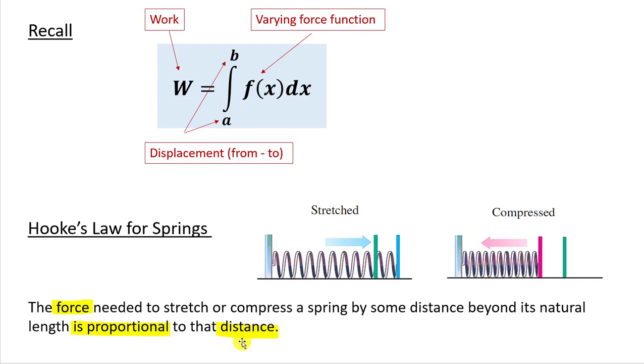Well, that means that the work required to stretch or compress a spring will be calculated by this definite integral, right? Since force is varying. So now let's talk about the force function for springs, and that's going to be part of Hooke's law.